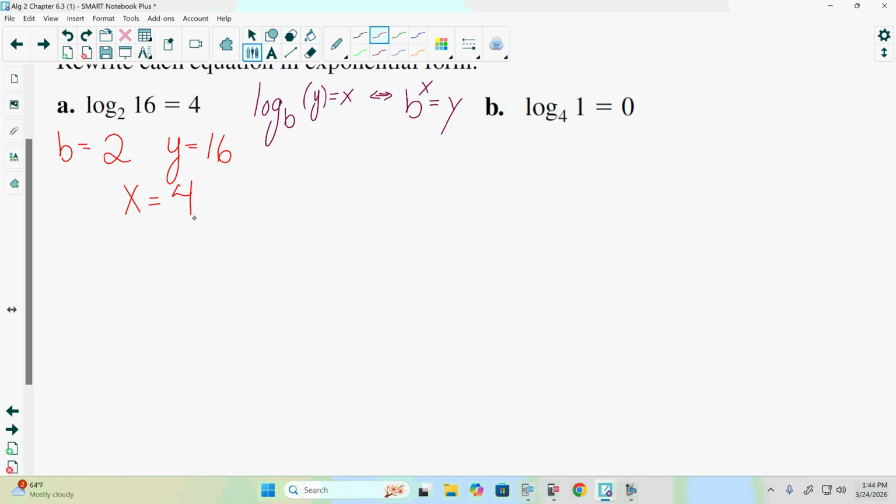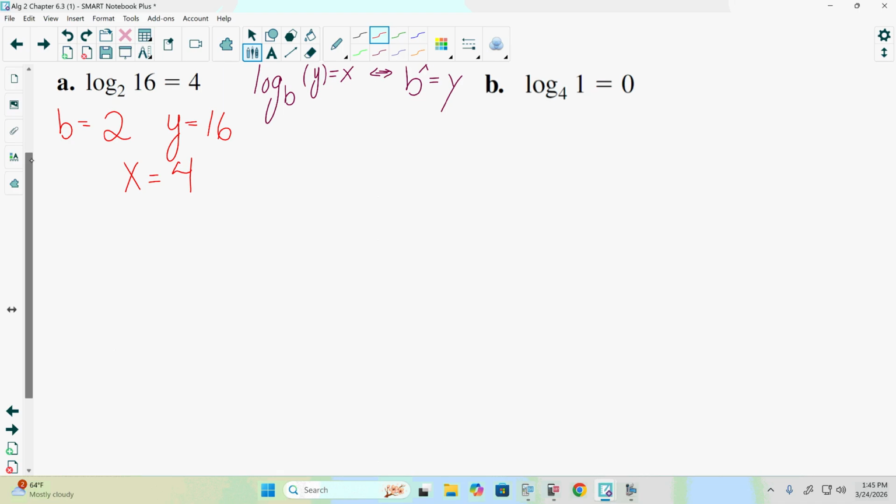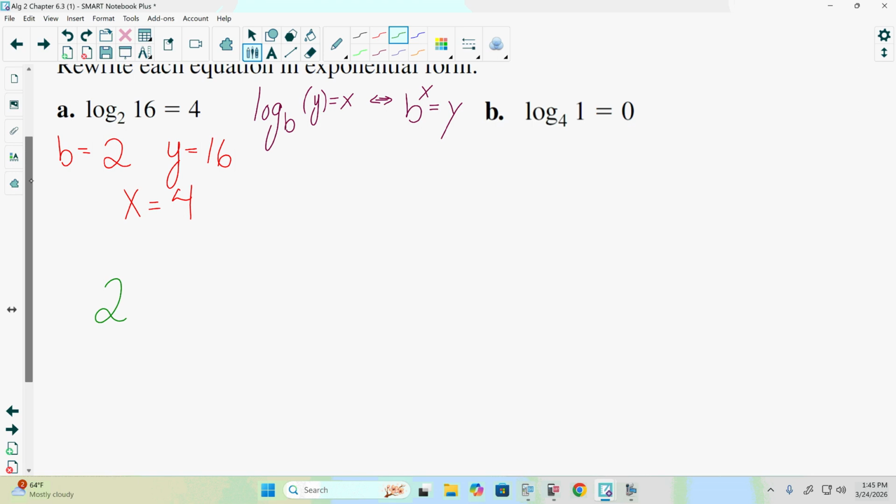So we want to rewrite it in exponential form. Exponential form is b to the x is equal to y. And for this equation here, we said b was 2, x is 4, and we're saying 2 to the 4th is equal to our value of y, and y is 16.